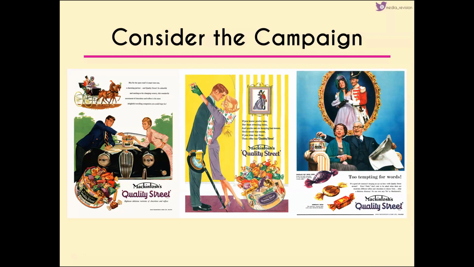Now the next 3 images start to seem a little bit more like the one that we're studying, particularly the one on the far right. We can tell that times are changing a little bit, although they all still fit in with the same campaign. We've got the brand mascots, Major Quality and Miss Sweetly, featuring in there, and then we've got 2 characters who, again, not completely dissimilar to the brand mascots, are also positioned enjoying the sweets.